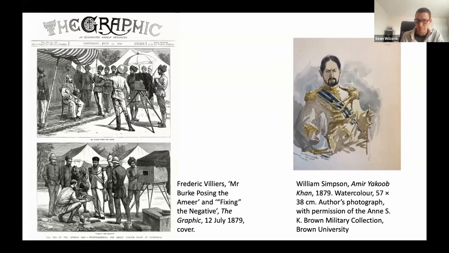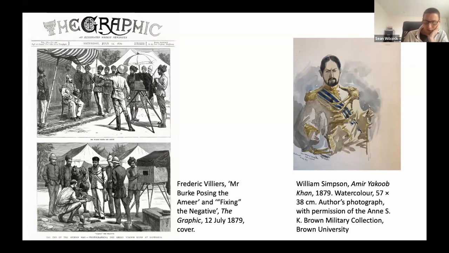That's not a camera on the bottom right, that's the darkroom. And it involved the preparation, posing, exposure, developing, fixing, rinsing, varnishing the negative, a lot of which happened sort of outside and within sight of people around.